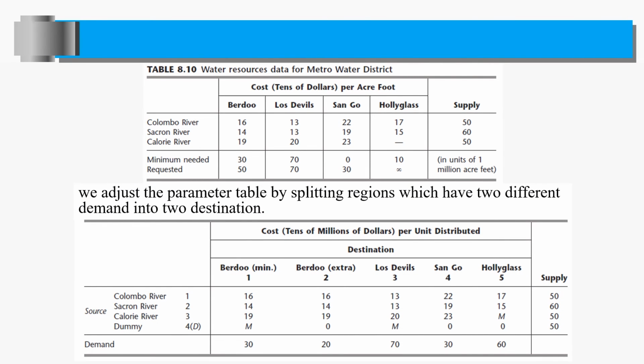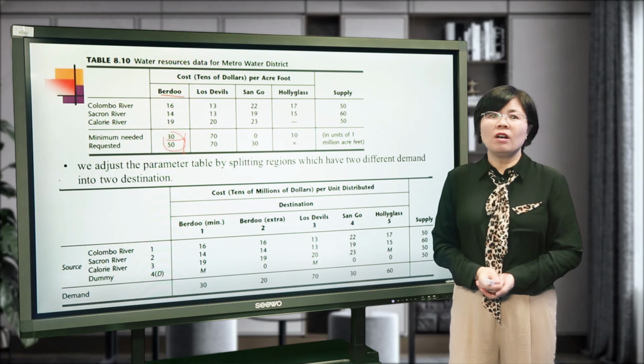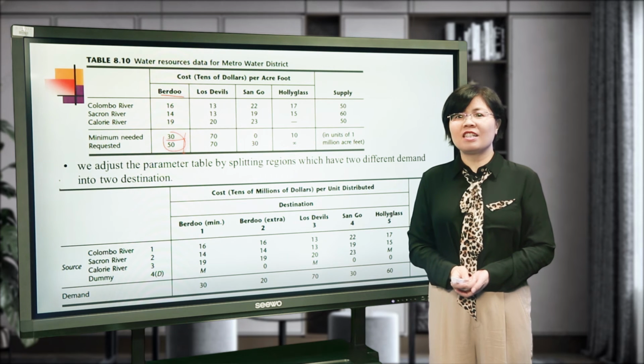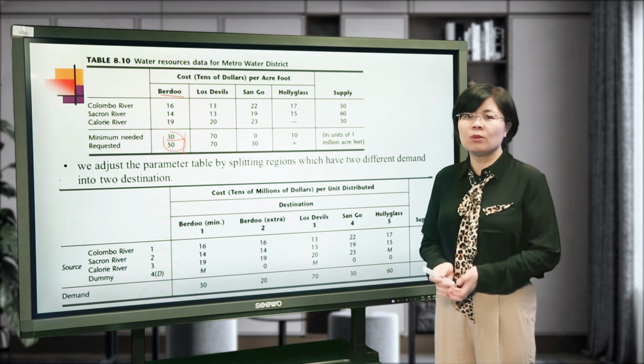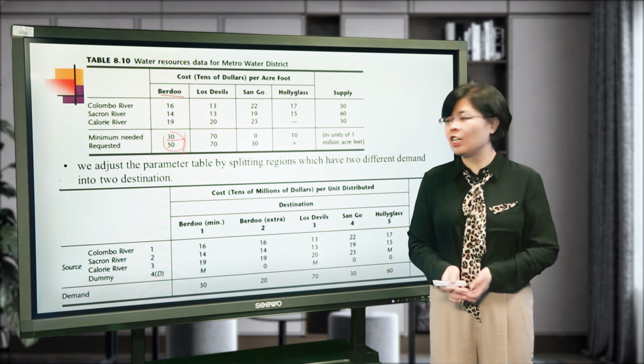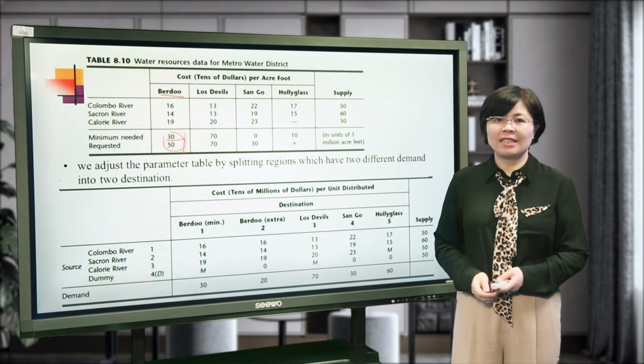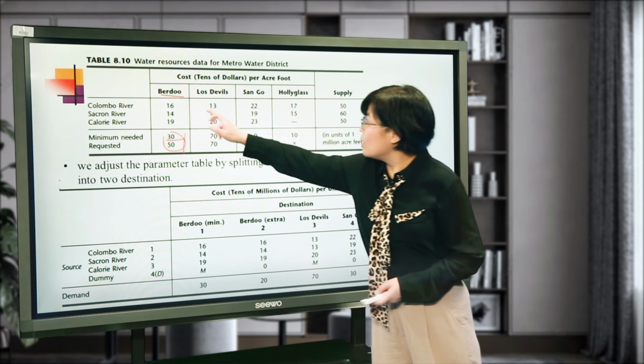For a city that has 2 demands, for example Bandung, how to solve this problem? We adjust the parameter table by splitting it into 2 destinations.